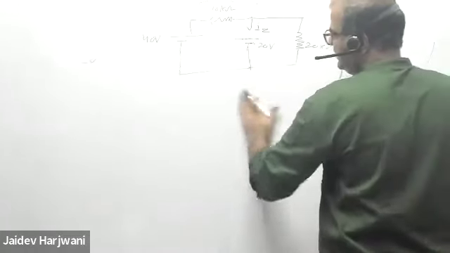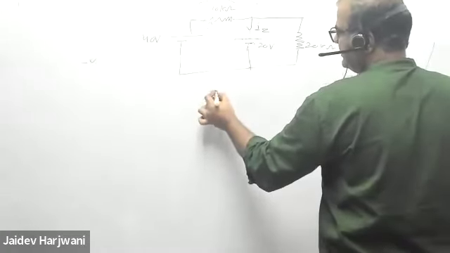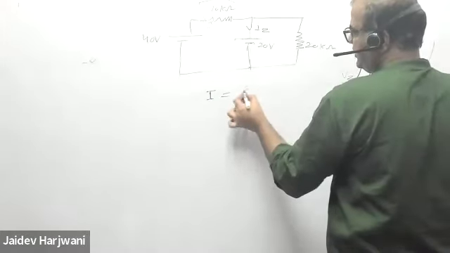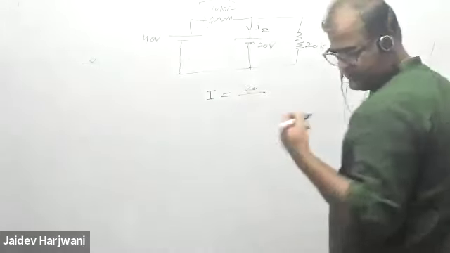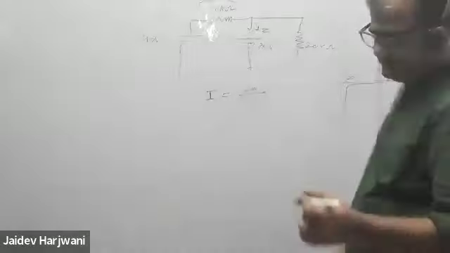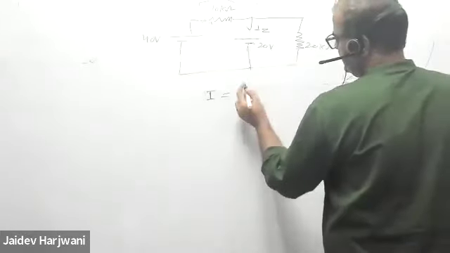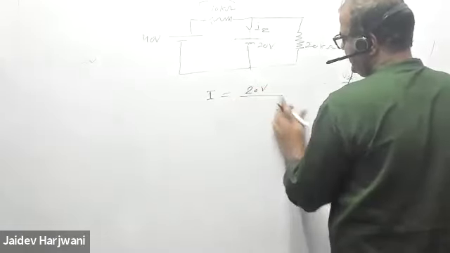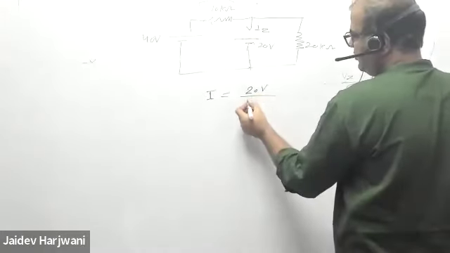So my total I becomes 20 volt divided by 10 kilo ohm.